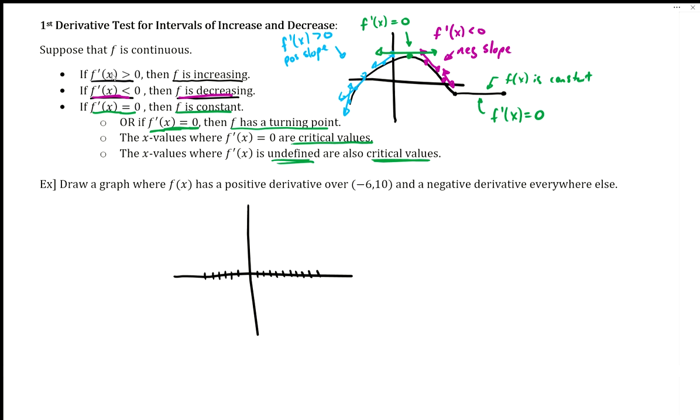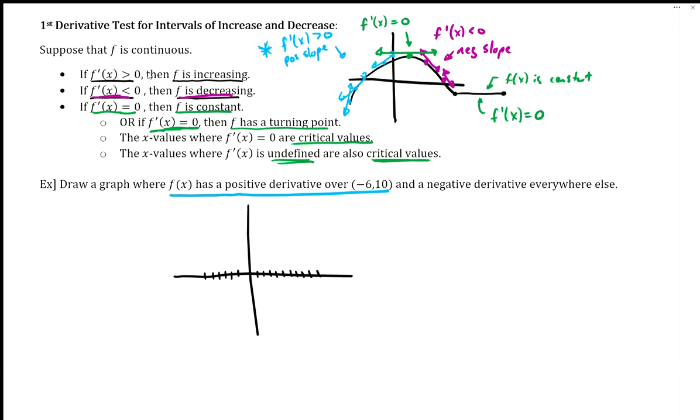Because that's the middle interval that they're talking about, and then they said negative everywhere else. So they want f of x to have a positive derivative over negative 6 to 10. For it to have a positive derivative, let's star that right now where I had the blue before. That's where I just need to make sure the graph goes up from left to right.